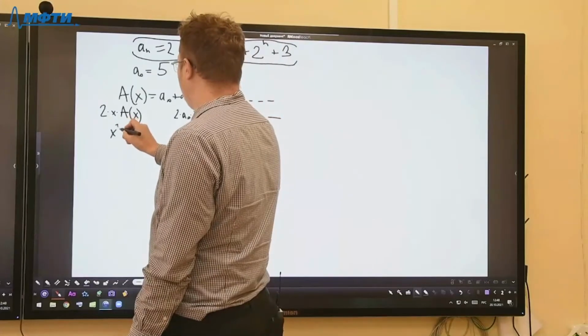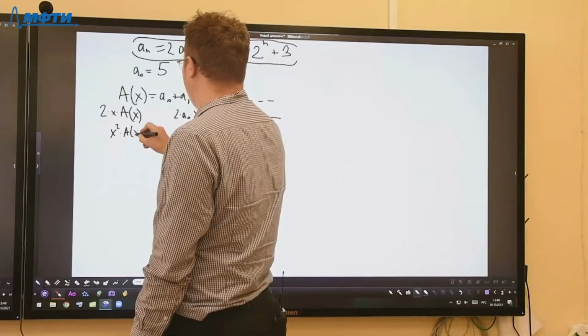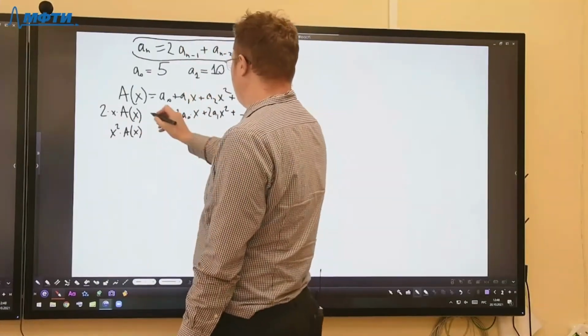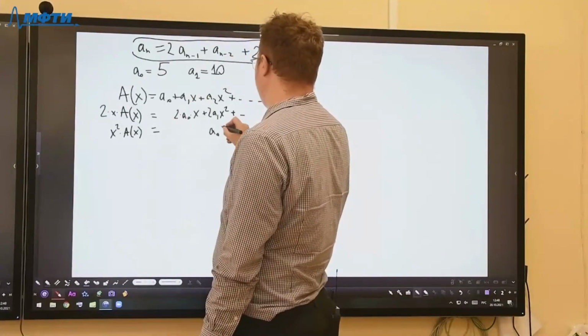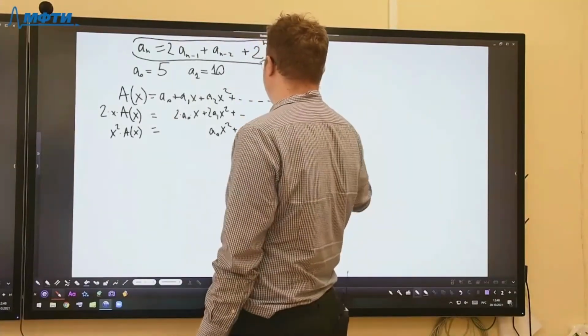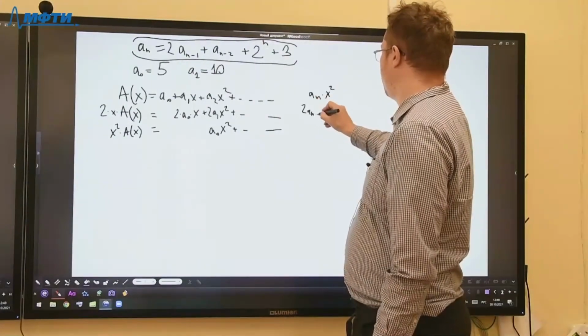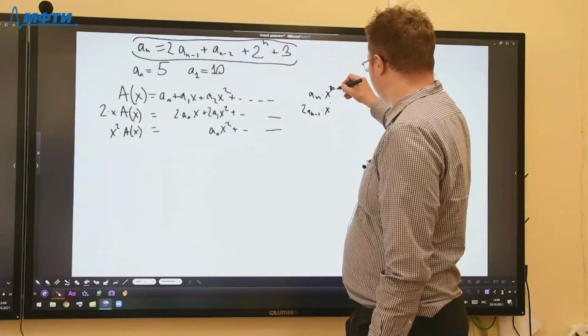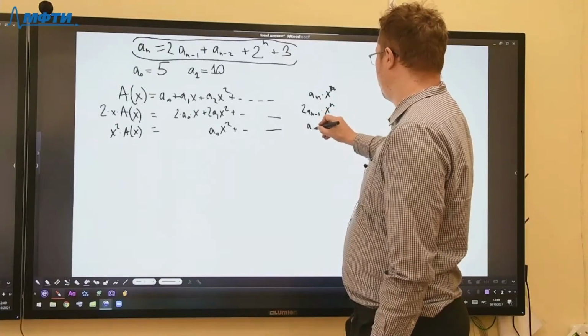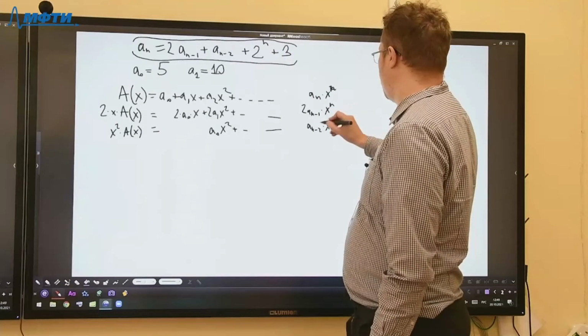Then x squared times a of x. So here will be a0 x squared plus etc. So here we'll have an times x to the n, 2an minus 1 times x to the power n, and an minus 2 times x to the power n.